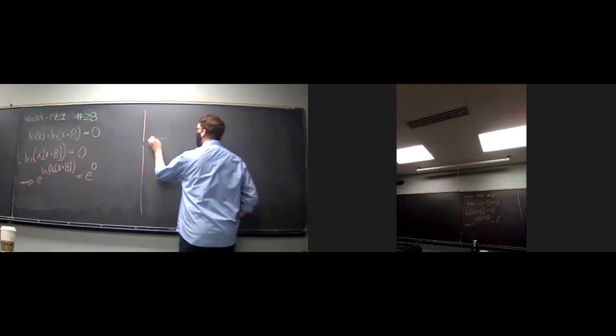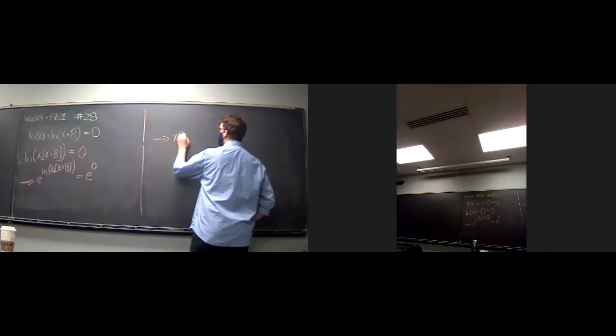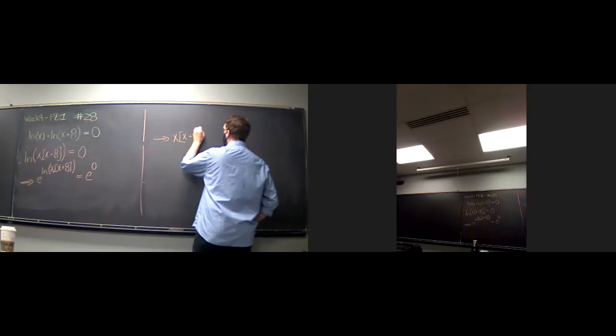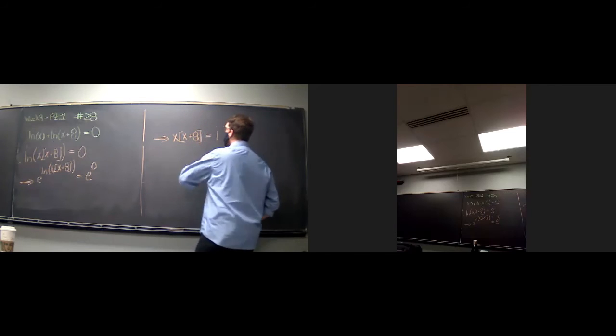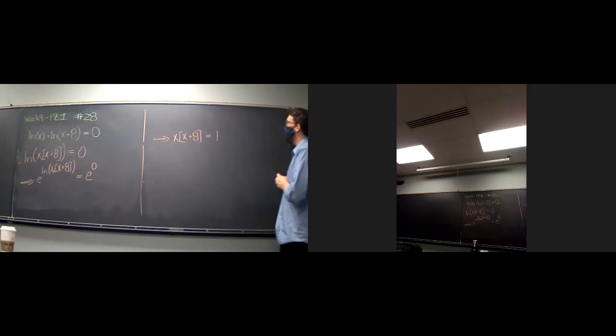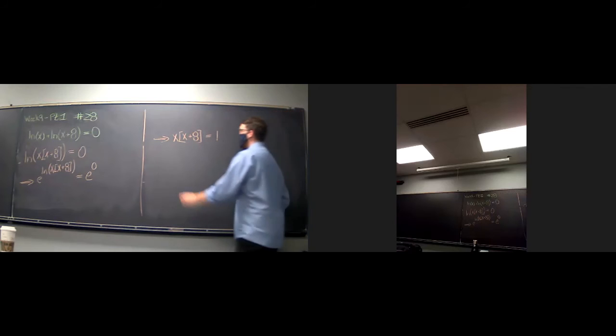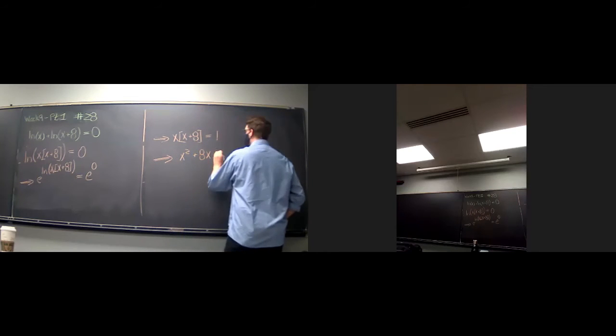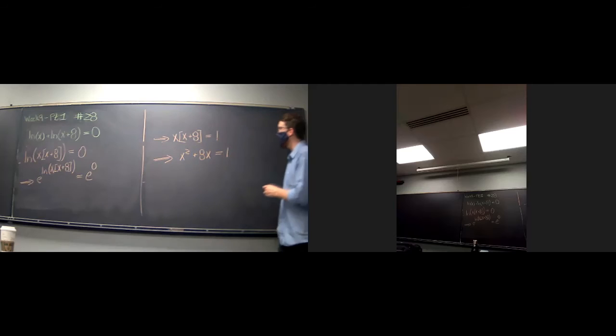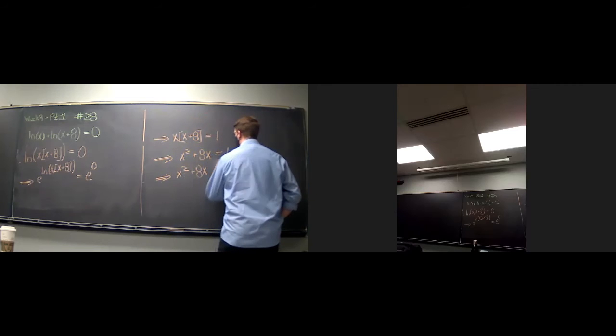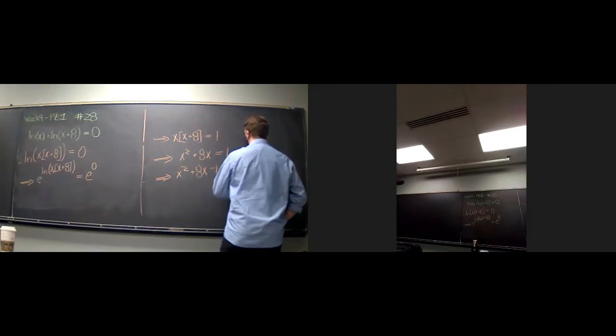Coming over here now, that's going to give us x times x plus 8 is equal to 1. So x squared plus 8x equal to 1. Subtract 1 from both sides. X squared plus 8x minus 1 is equal to 0.